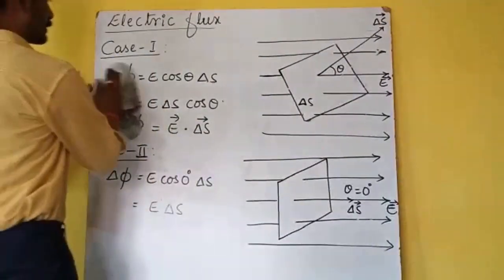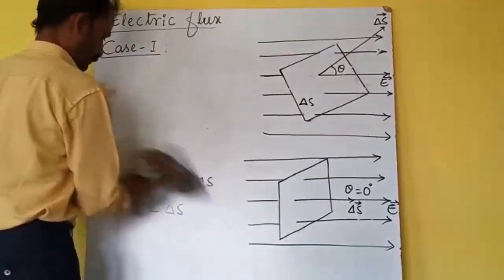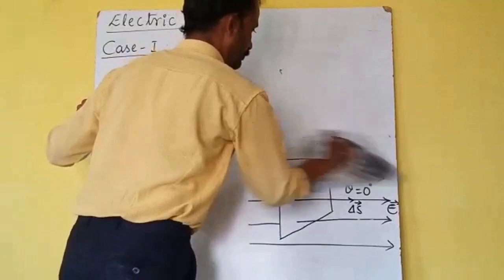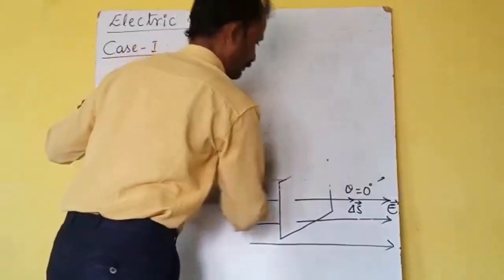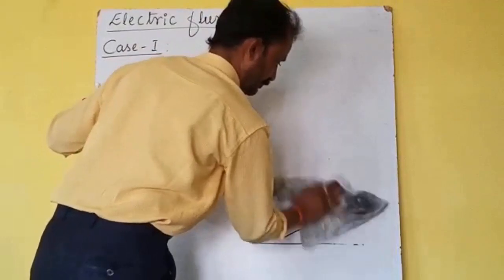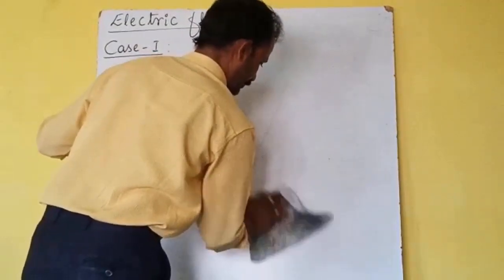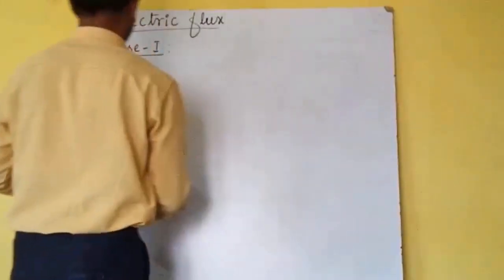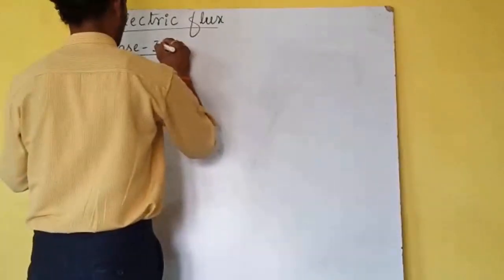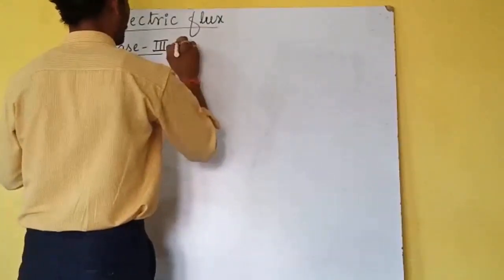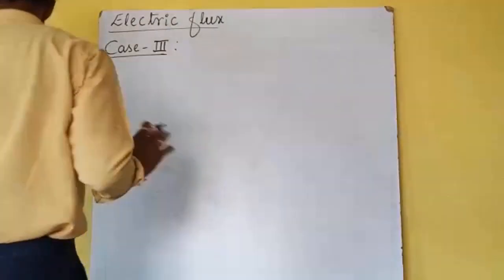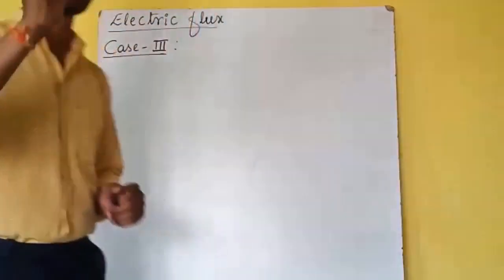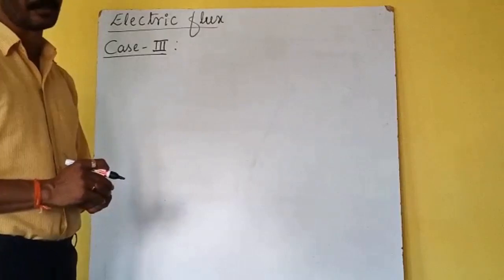Now let us see the third case. Third case, consider an area element delta S parallel to the direction of the electric field.